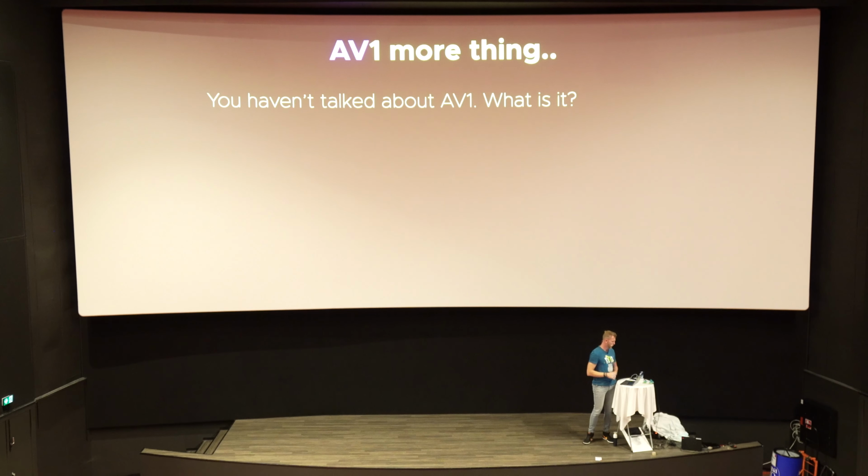Coming back to your question, I haven't really talked about AV1, but what is it? It's the successor to VP9, and VP9 is the codec that YouTube used to use to encode and decode their video streams.